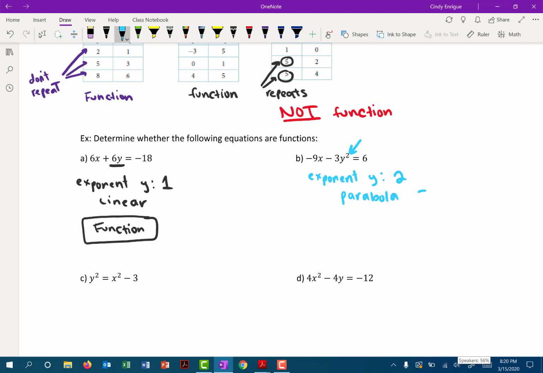But this is either an opening left or an opening right parabola. So here, if I put in a particular y value, it can give us 2 different x values. Therefore, this is not a function. Definitely not a function.